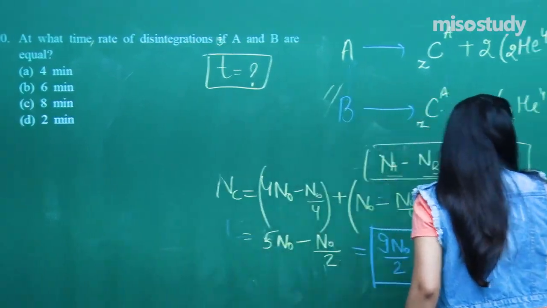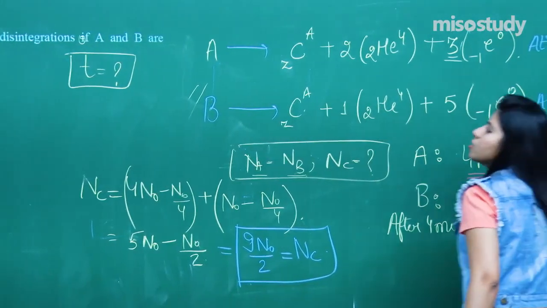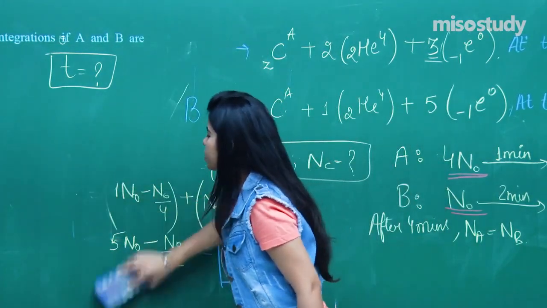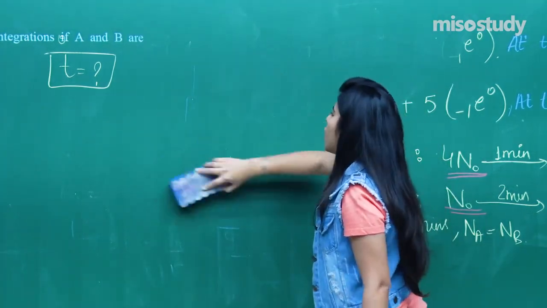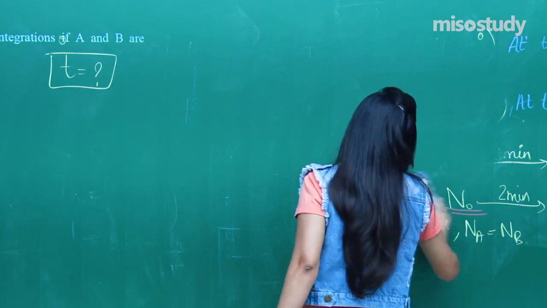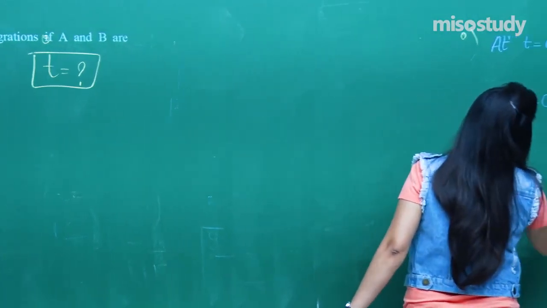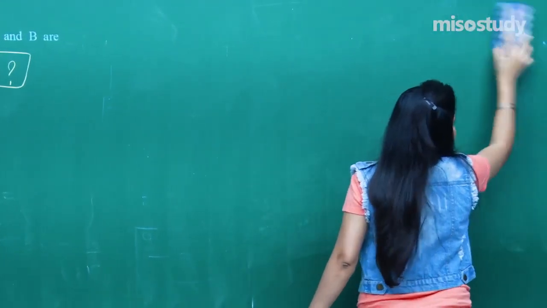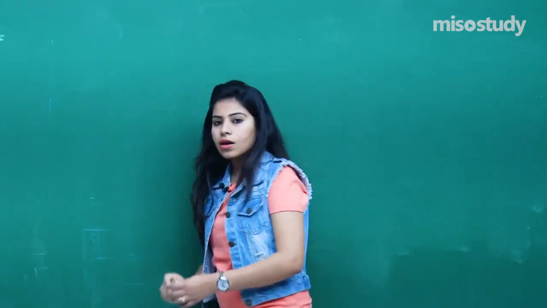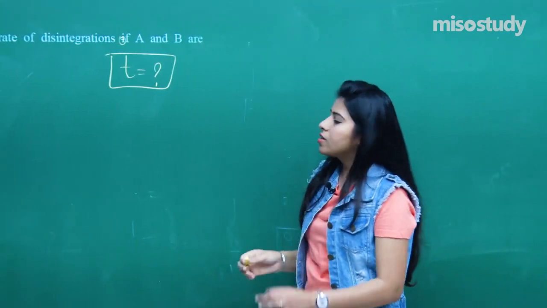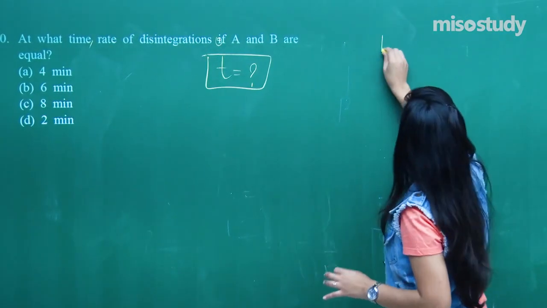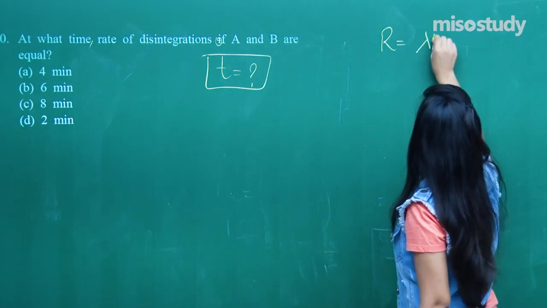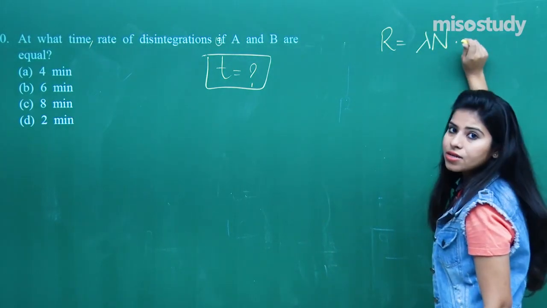Now let me just tell you one thing. If we are speaking about the rate of disintegration, there is one thing that should definitely come to your mind, and that one thing is the activity. Because we know that rate of disintegration can be written as, let me just write for this, R equals lambda N, isn't it?